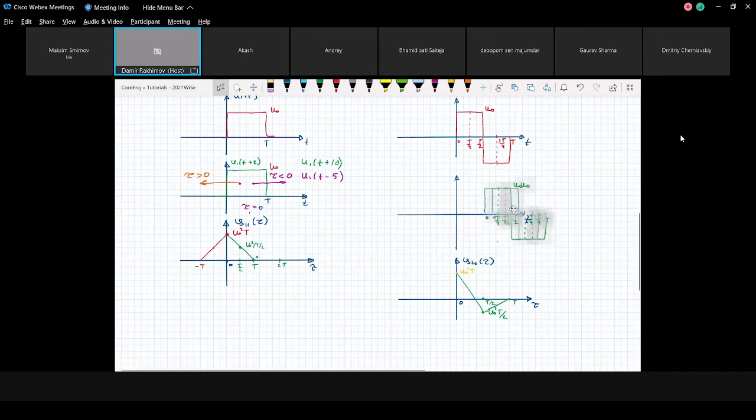And then we come to the point minus t, where correlation will be equal to 0. Then we connect these lines, and at the delay minus t, we have correlation equal to 0. That's what we get.